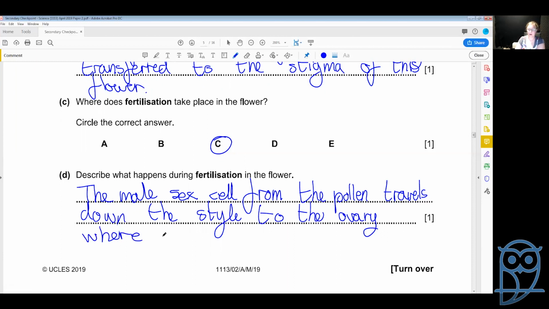And there it combines with the ovum. There we go.